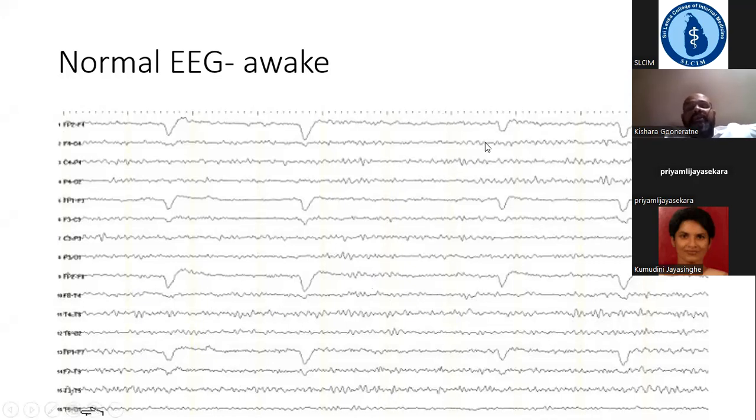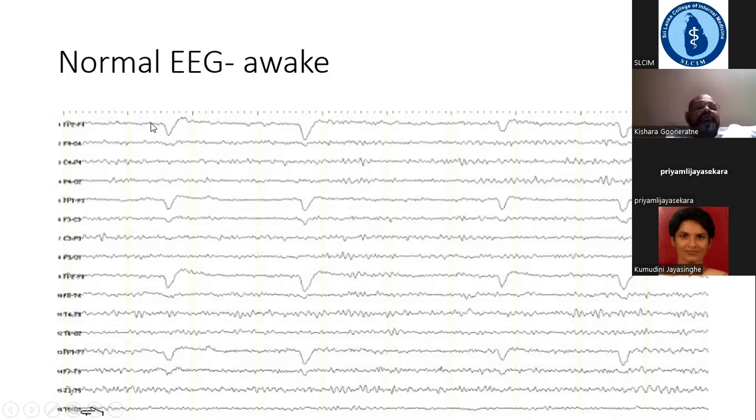What you need to do is appreciate whether the frequency is the same, and you can see that the frequencies are more or less the same. You need to look at the amplitude as well, whether there is a 50% change in amplitude, because if there is, then there is asymmetry between the right and the left hemisphere. So there is no asymmetry, and this looks normal.